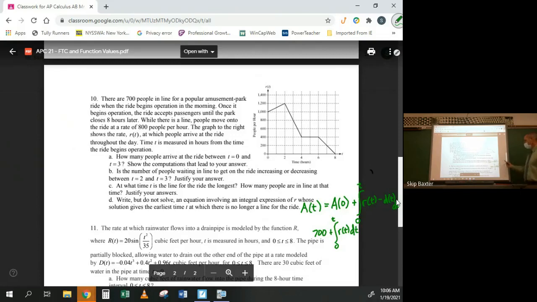So that's 800 t, minus. So if I want to know when this is equal to 0, I just set it equal to 0, and that's it. That's an equation that involves an integral expression of r.